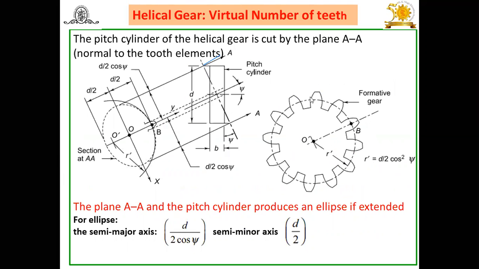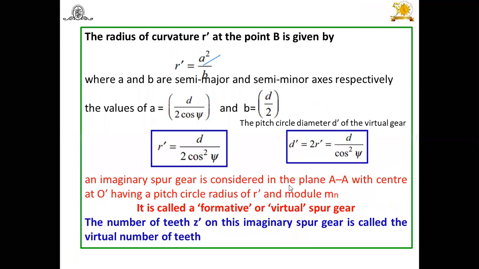R dash is the radius, and the gear is constructed. This gear is known as the formative gear, having R dash equal to d by 2 cos squared psi. O dash is the center.